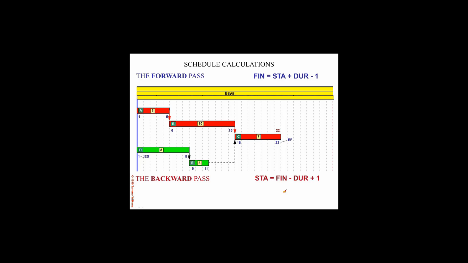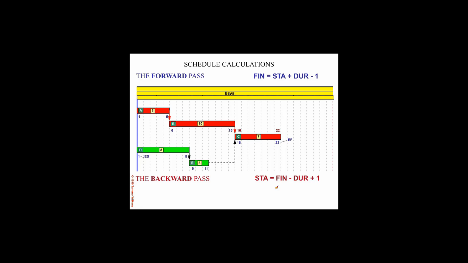So we calculate the start date now for activity C, which then is the finish 22 minus 7, which is 15, plus 1, and so we come up with day 16.